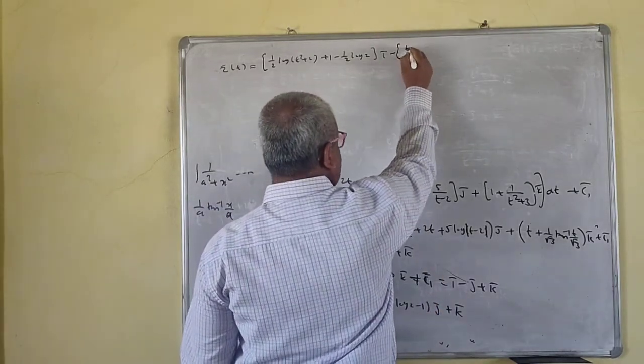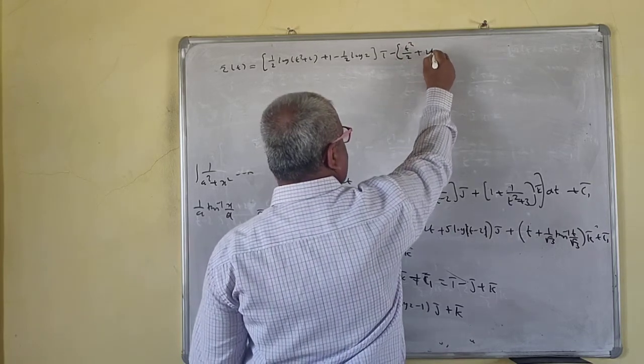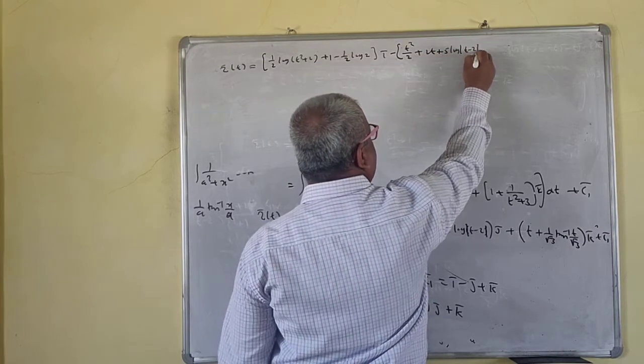So this is t square by 2 plus 2t plus 5 log of modulus t minus 2.